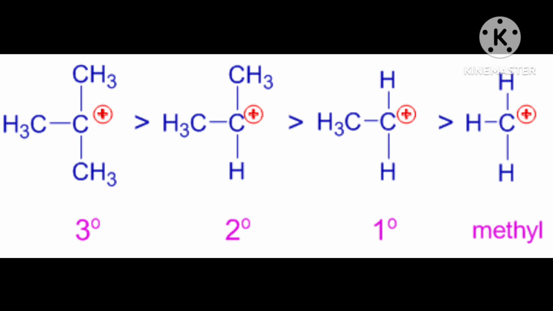Due to that, it is taking the electrons. One pair of electrons will be taken by the CN. CN will take 2 electrons, so it is negatively charged, and CH3 will get a positive charge. Okay.